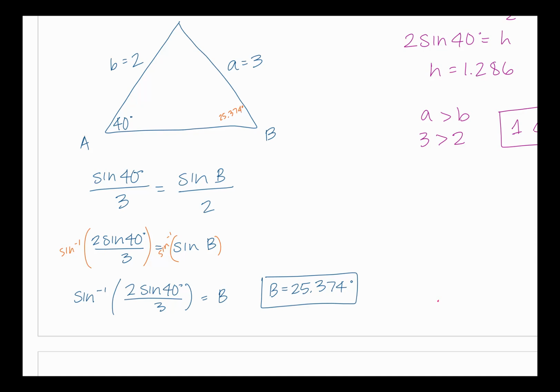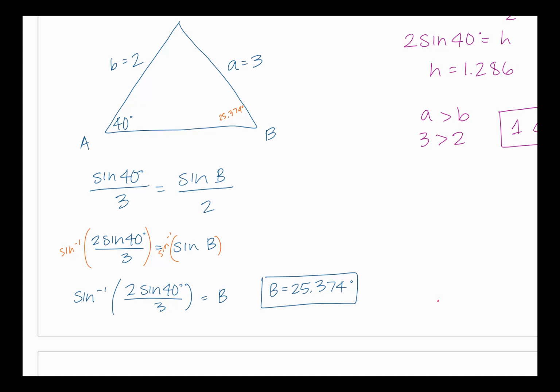We talked about how to do that before, where we store it in our calculator as B, because we might need it again. And so to find C, I could do the law of sines again, but it would be kind of tricky because I don't have that angle.